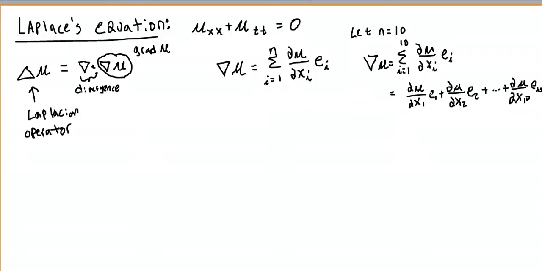So you're taking the partial with respect to x sub 1 and putting it in the x sub 1 component, and x sub 2 in the x sub 2 component.